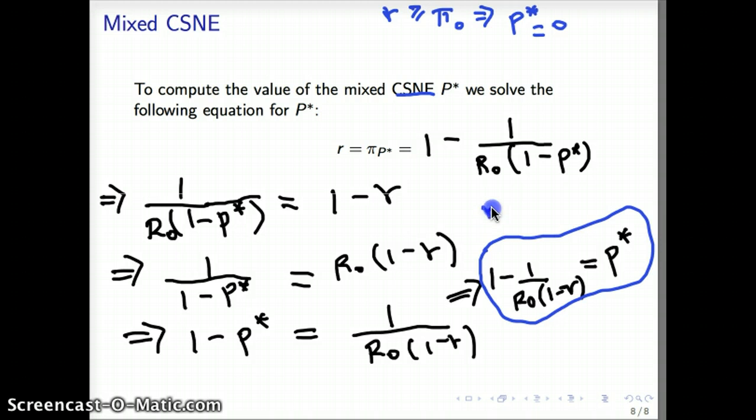And now we have the scenario in which R is less than the probability when there is no vaccination, and that gives us this expression for this Nash equilibrium. Okay, and this concludes our lecture number 5 on game theory and vaccination.